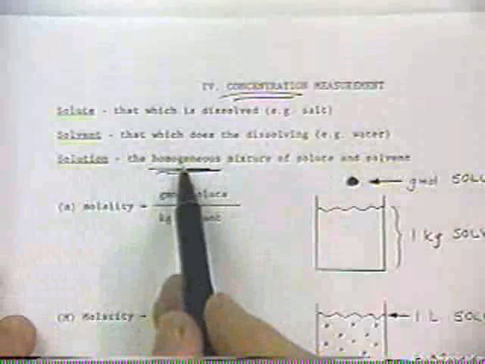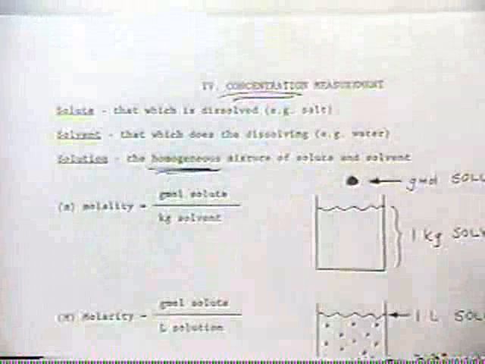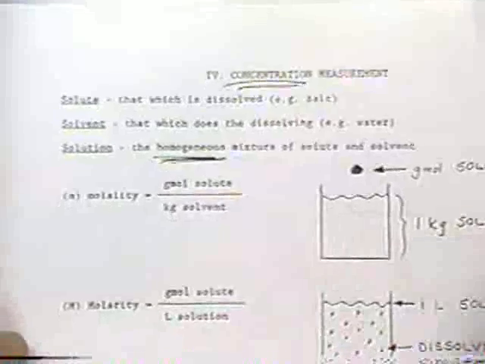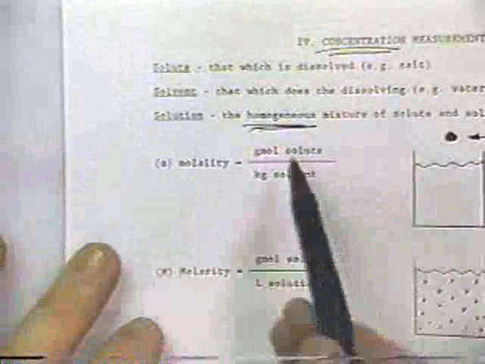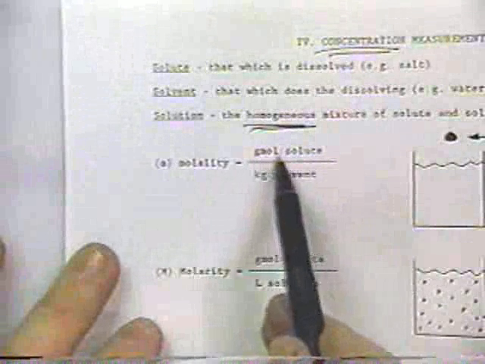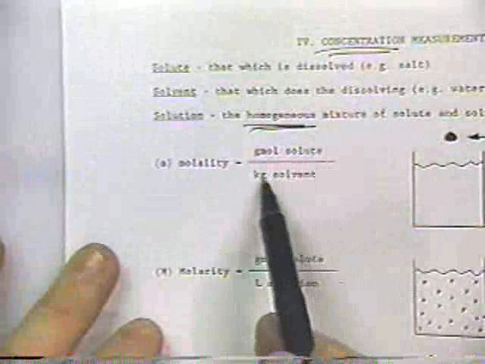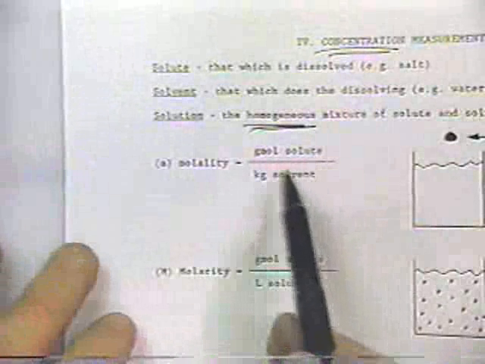And what we mean by homogeneous is that no matter how small you divide it, the chemical composition is the same. So now we're ready for some definitions of concentration. One is molality, and it's defined as how many gram moles of solute you have per kilogram of solvent.